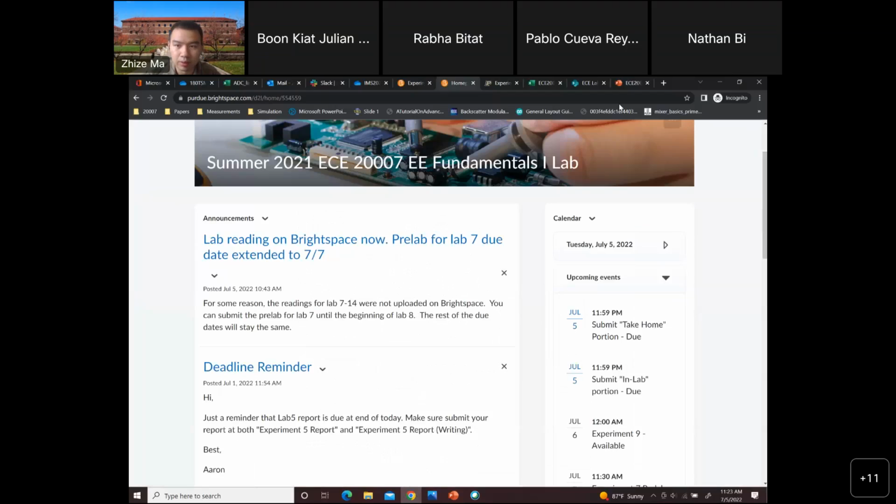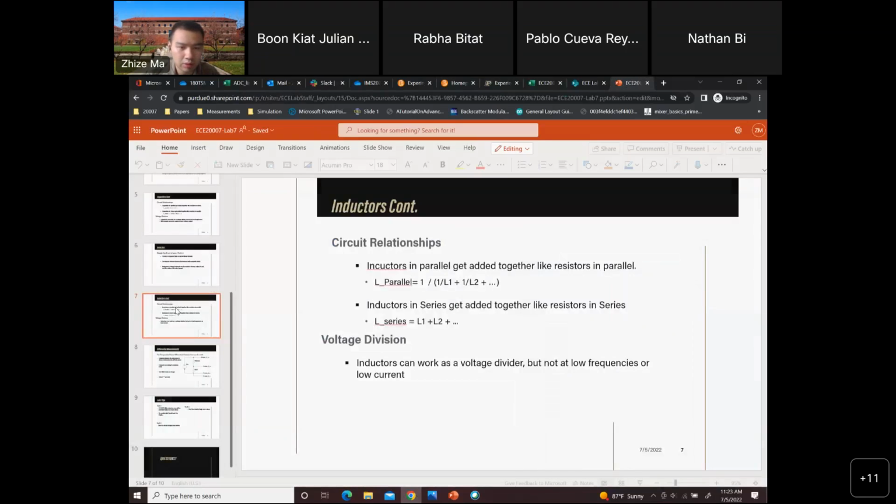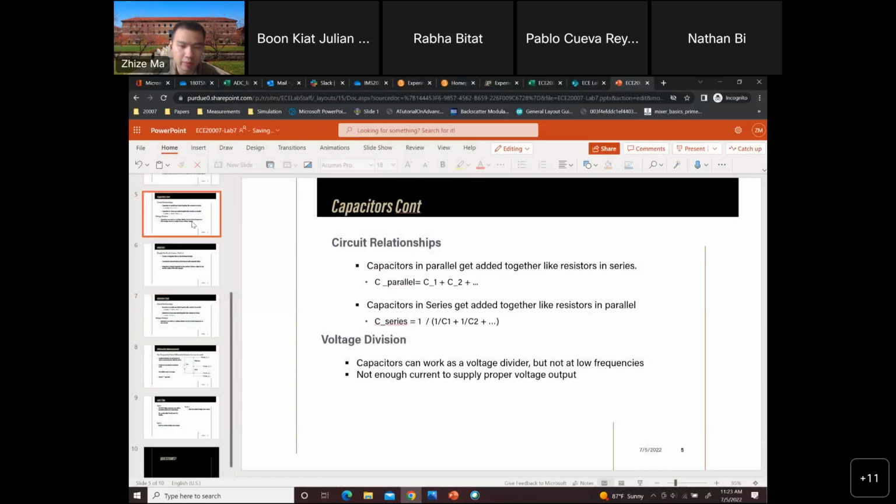Another thing I want to mention is circuit relationships. Remember, when you put two resistors in series, the total resistance is just the two resistor values added together. If they are in parallel, you need to use the parallel equation to calculate the total resistance. Similarly, capacitors and inductors are calculated in a similar way.